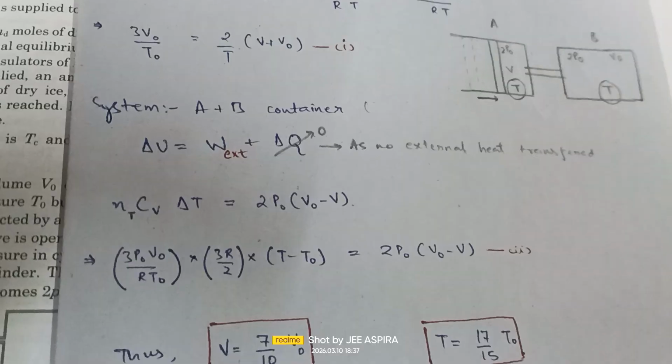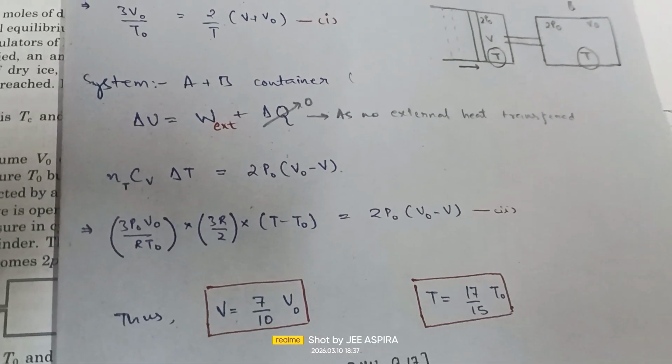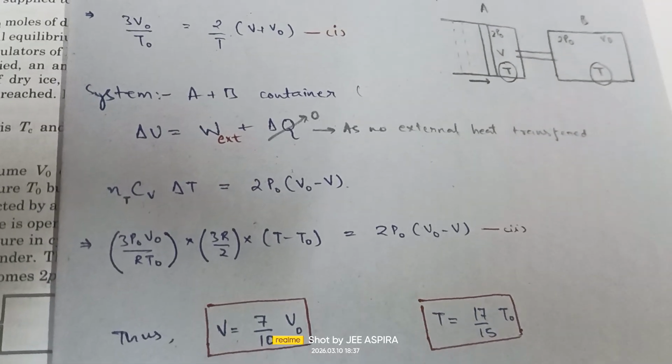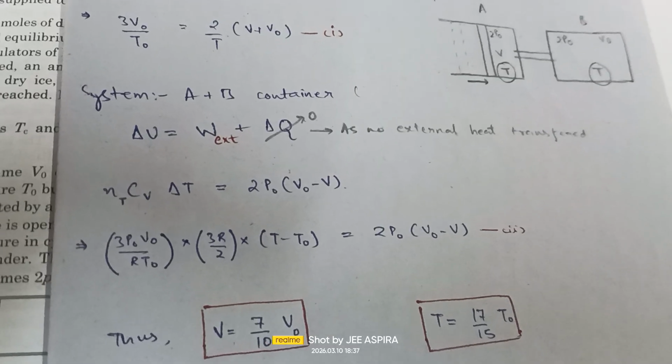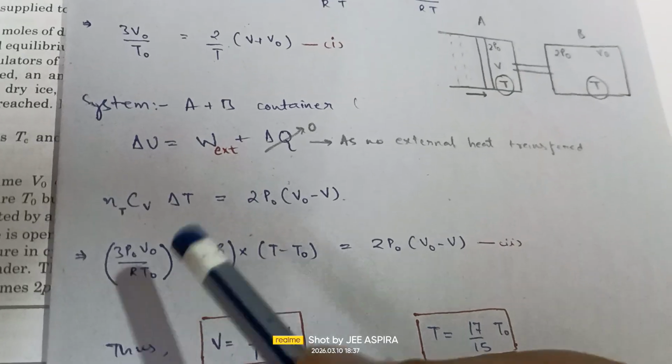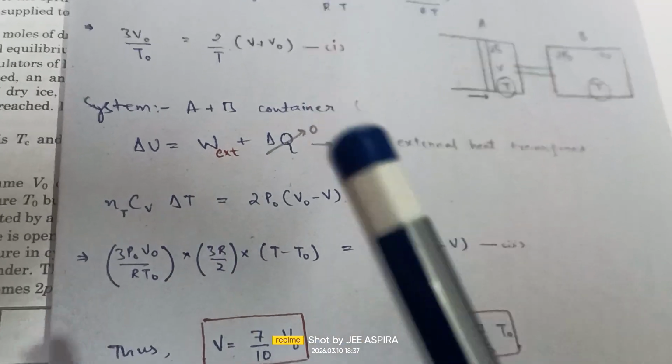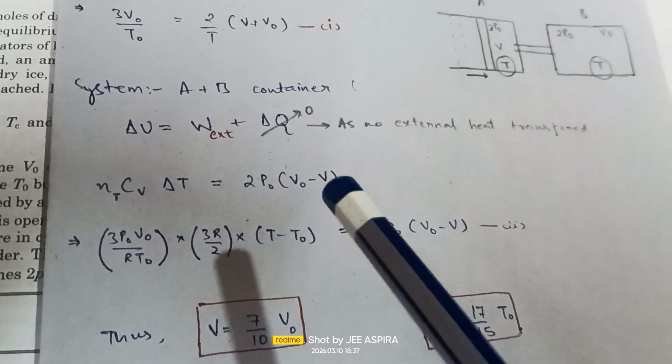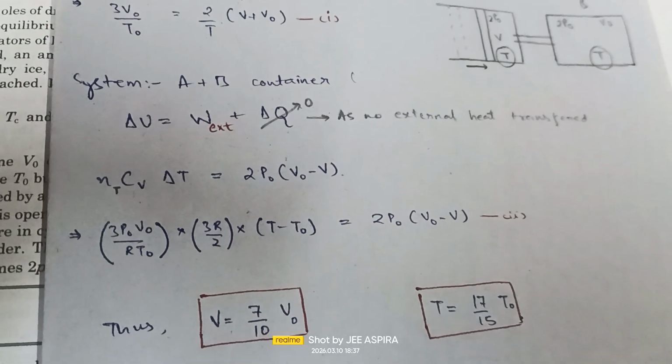And we use the first law of thermodynamics for the system A plus B, where delta U equals W plus delta Q. Okay, this W is the work done by the external agent on the system, right?